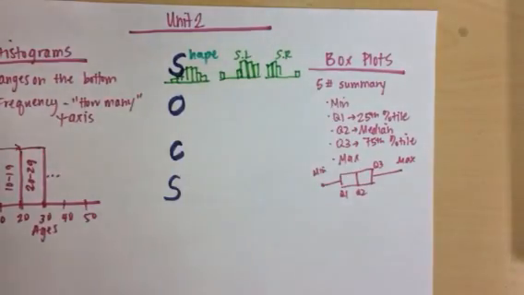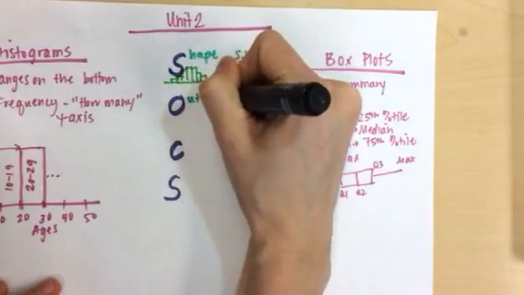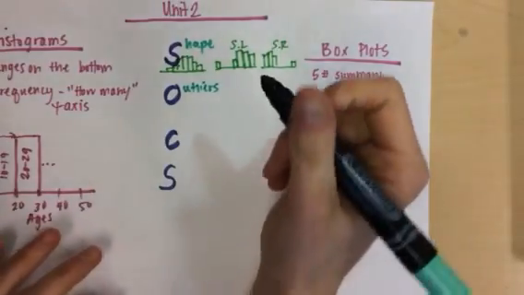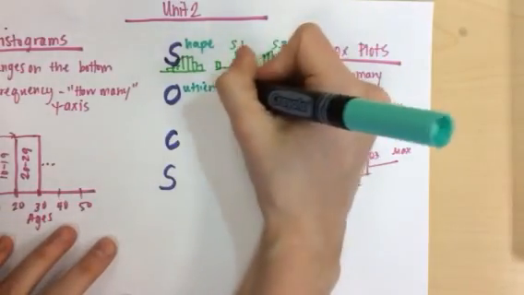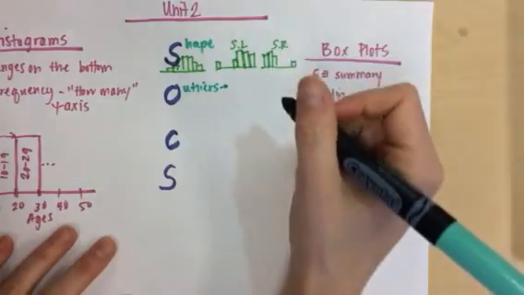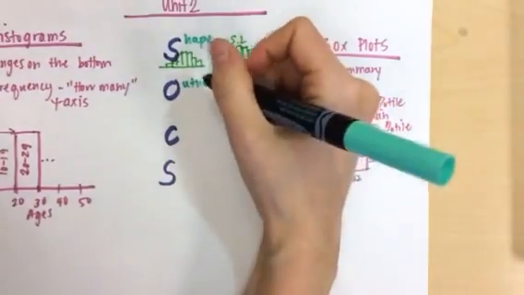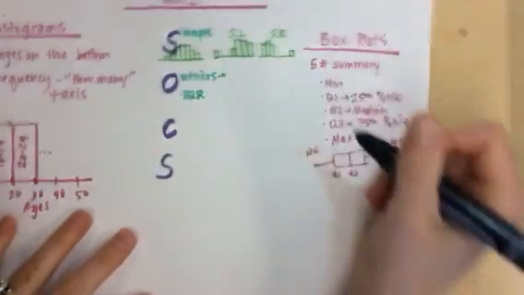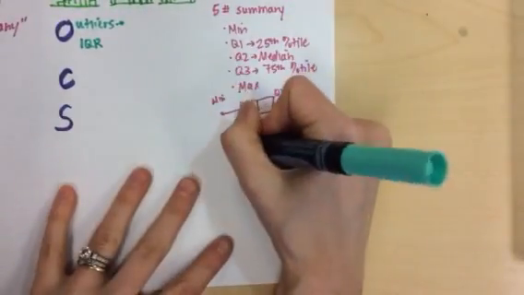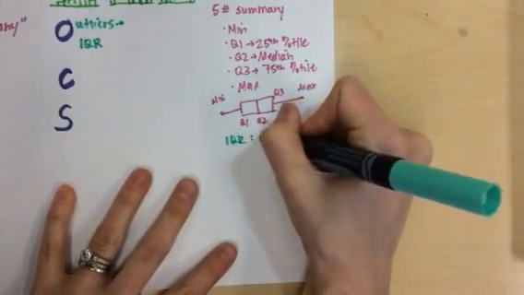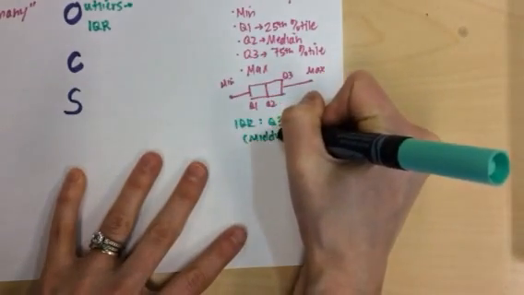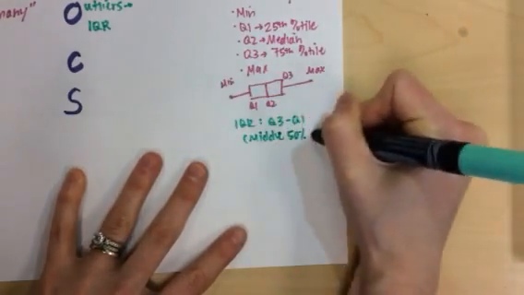Now when you look at outliers, let's write that in. We can use a formula for outliers, and that would be in your SOCS foldable. It uses the IQR, so I should add IQR over here as important information. Remember, IQR is Q3 minus Q1, and it's your middle 50% of the data.